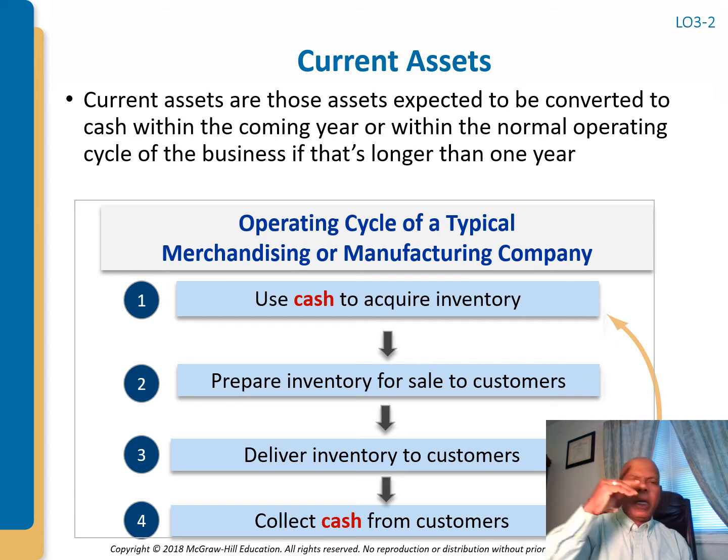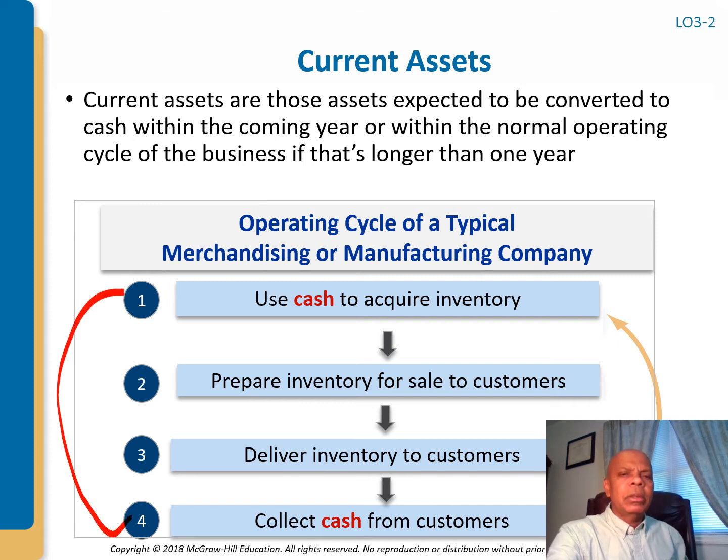You use cash to acquire or manufacture inventory, and prepare inventory for sale to customers. That's the manufacturing part. They deliver inventory to customers. Then you collect cash. Then you go back. It's a cycle. That's a typical operating cycle of a corporation.